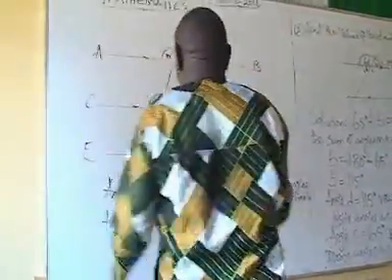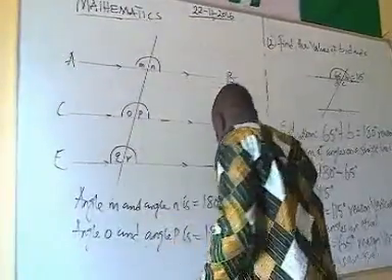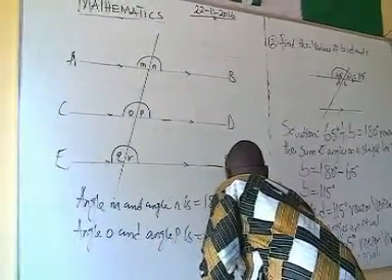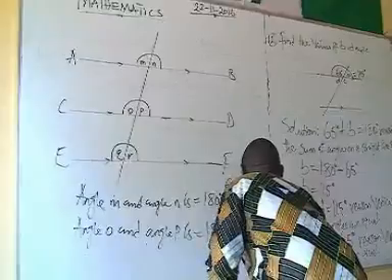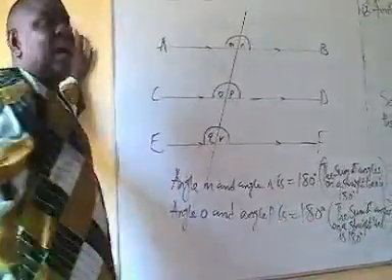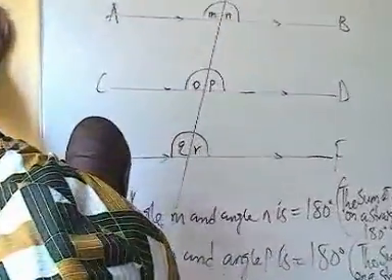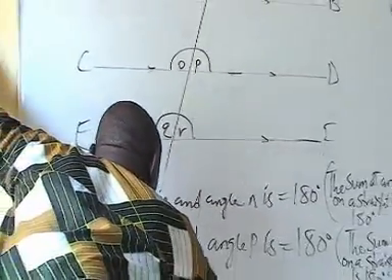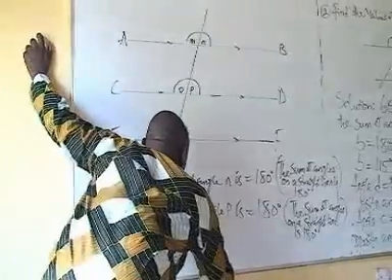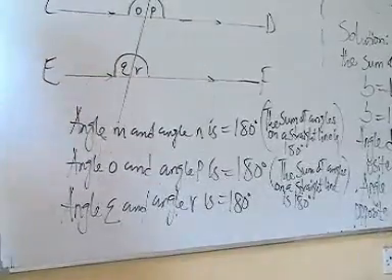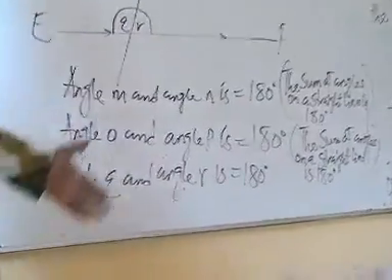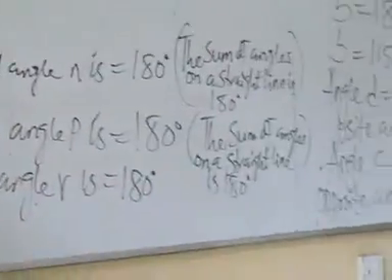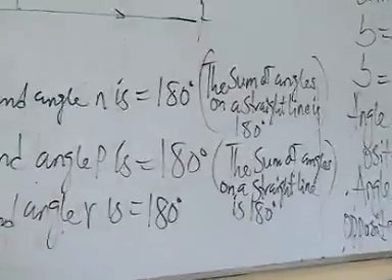These are adjacent angles. Last one is Q and R. Angle Q and angle R is equal to 180. Reason: the sum of angles on the straight line is 180.